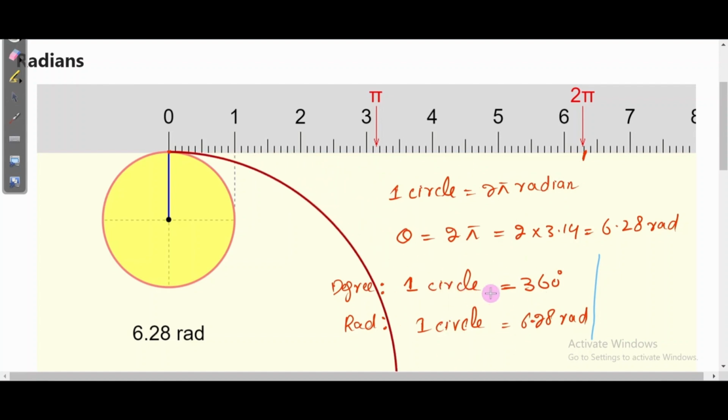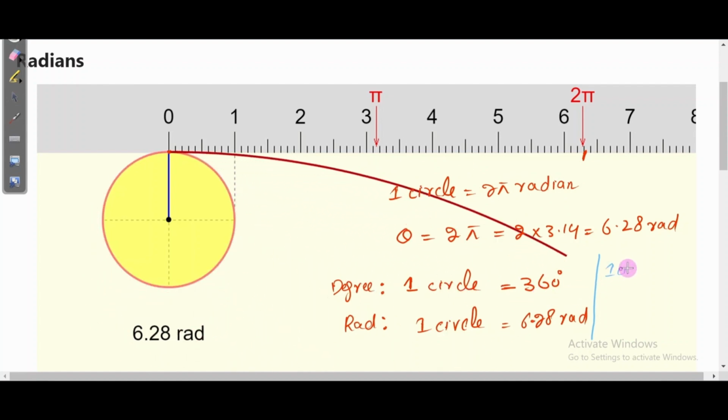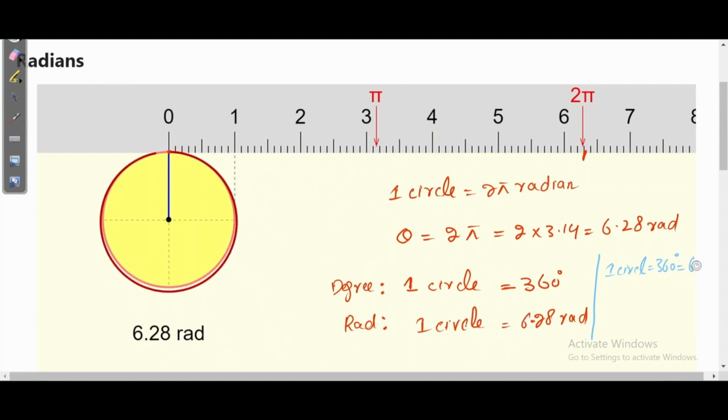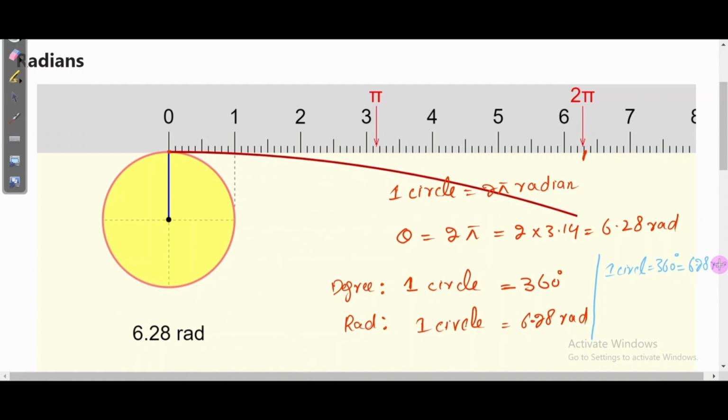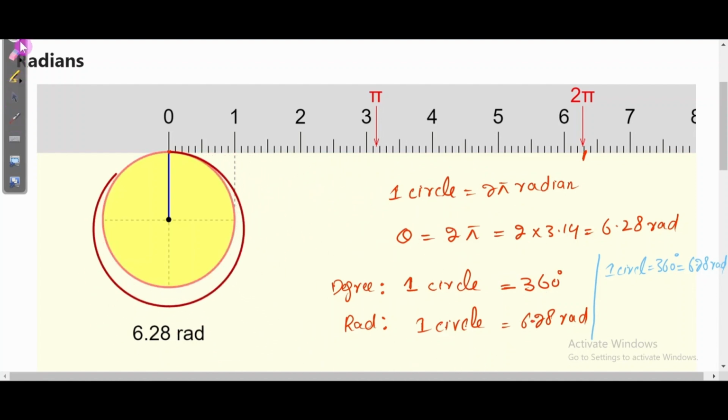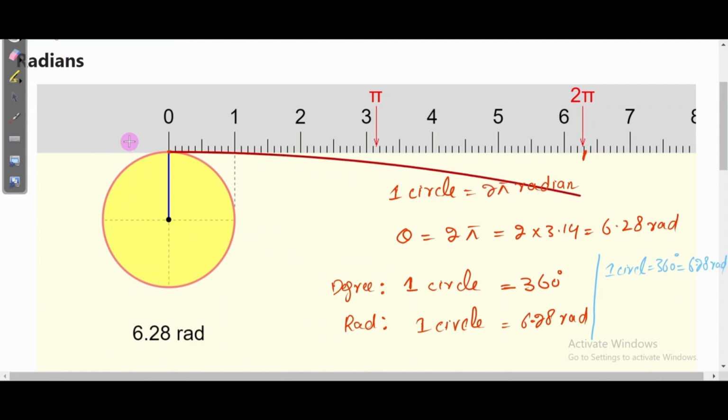Here one circle is equal to 360 degree, and that one circle is also equal to 6.28 radian. So from here we can find the relationship between the degree and the radian, which is given by this.